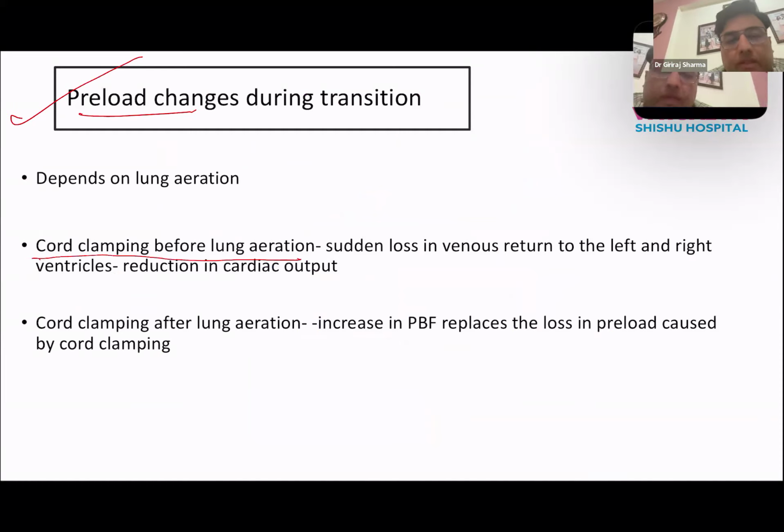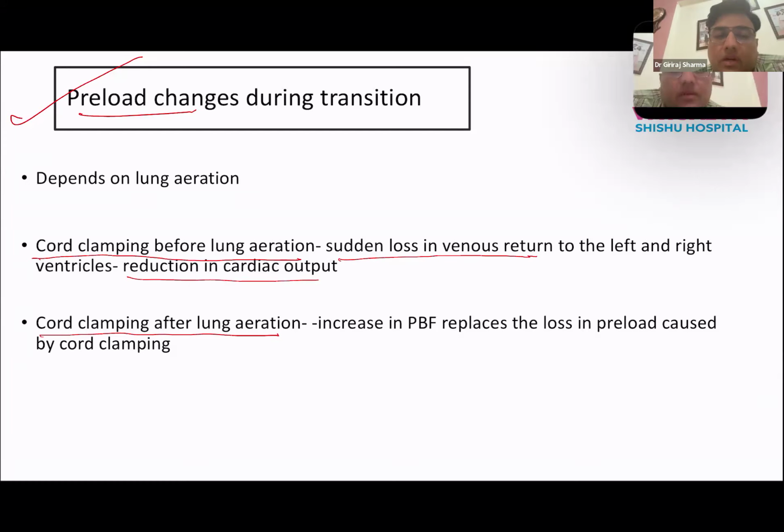With cord clamping before lung aeration, there will be sudden loss of venous return and a decrease in cardiac output. So we should do cord clamping after lung aeration, after establishment of pulmonary ventilation. First ventilation of the lungs should happen, and only after that should the cord be clamped. If we do it after lung aeration, the increased pulmonary blood flow will replace the loss of preload caused by cord clamping.